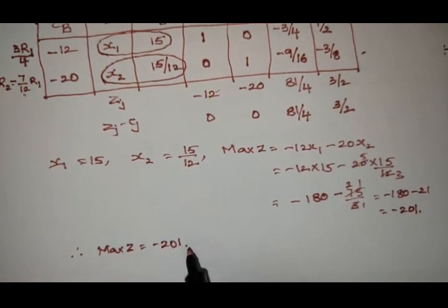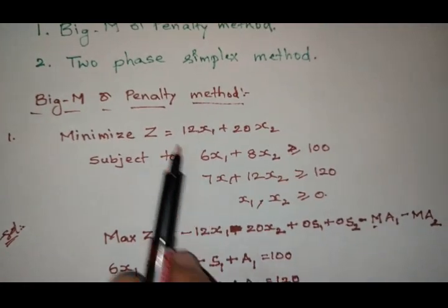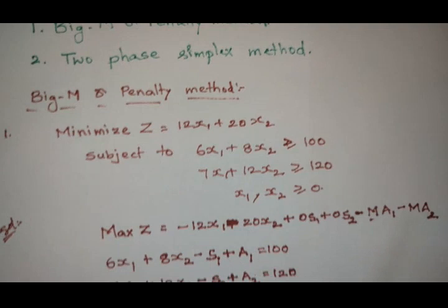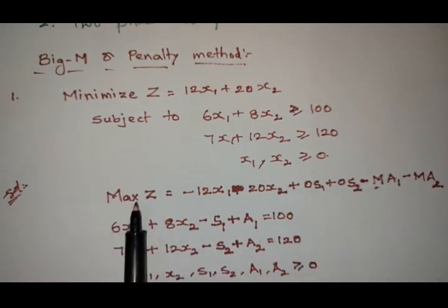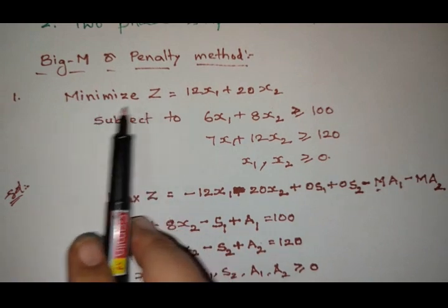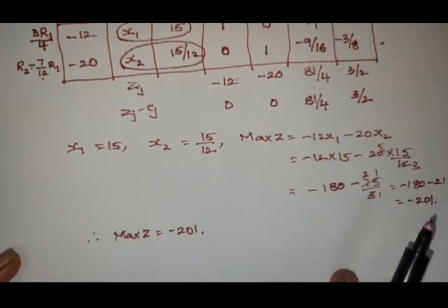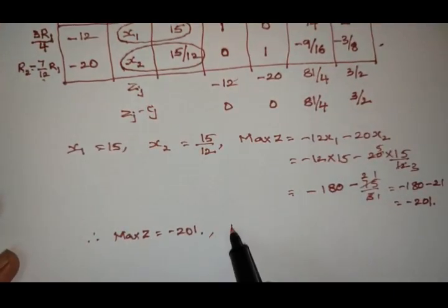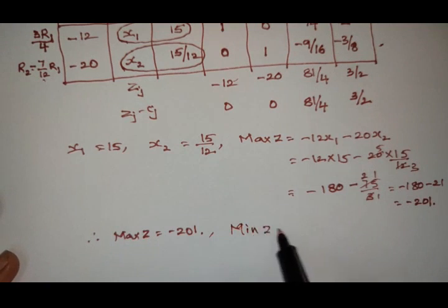But in the problem he asked to minimize z. We solved the entire problem by converting minimize z into maximize z, so we got maximized z. But in the problem he asked for minimization of z. So minimization z: again multiply both sides with minus. Maximization z multiplied by minus gives minimized z.